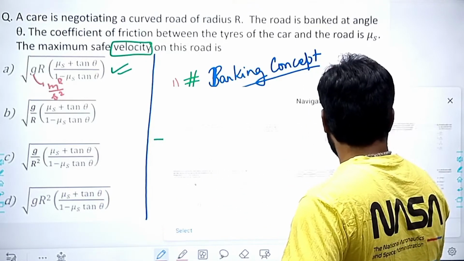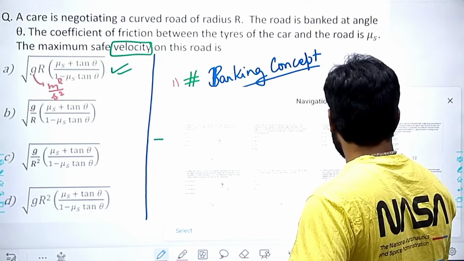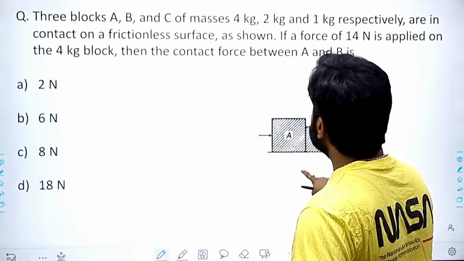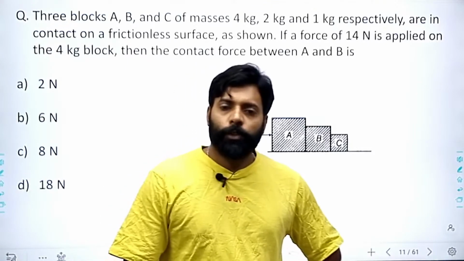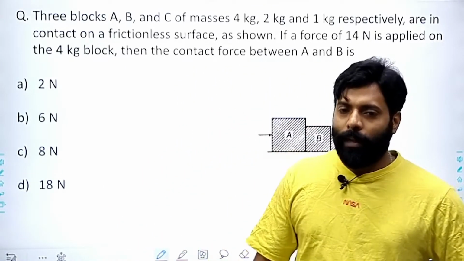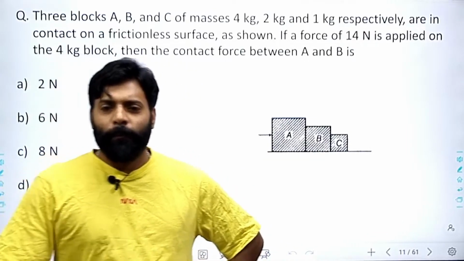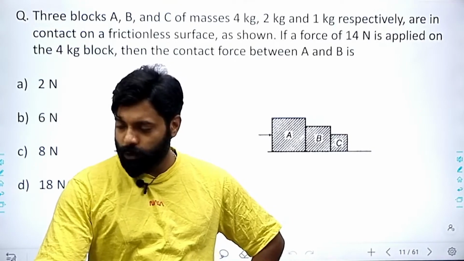I'll be taking some very good questions for you all. Let's solve this question. This is a very basic question, the first step of Newton's laws of motion.